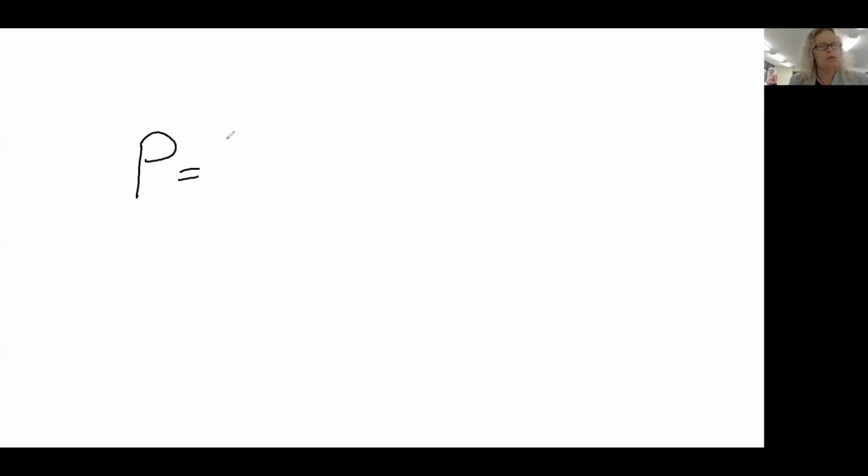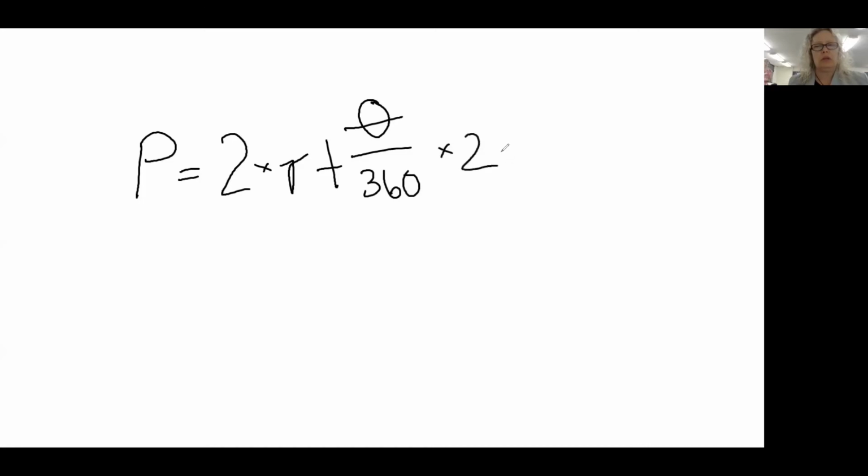Perimeter equals 2 times the radius plus our angle out of 360 times 2 times pi times the radius. We got it right. Okay, now we can move on.